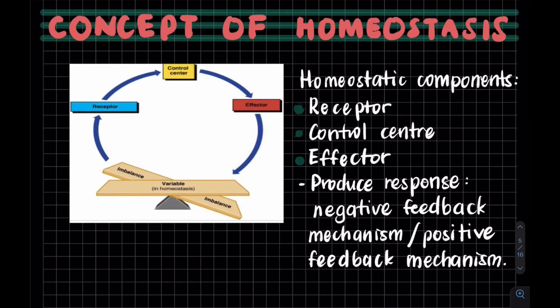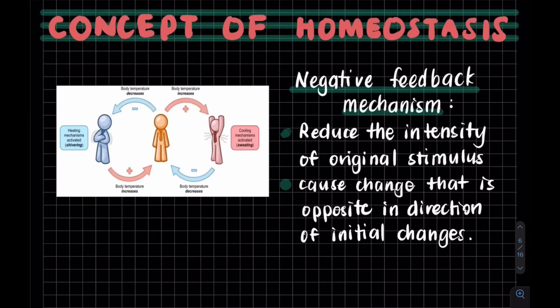There are two mechanisms by which the effector will provide a response, either by negative feedback mechanism or positive feedback mechanism. In negative feedback mechanism, the response will reduce the intensity of the original stimulus, where it causes changes in the opposite direction from the stimulus.